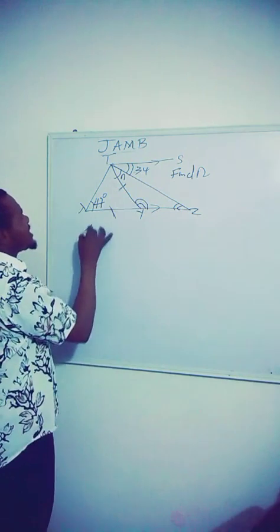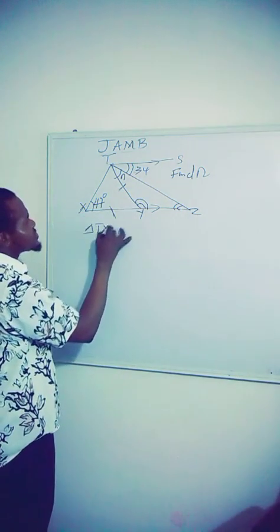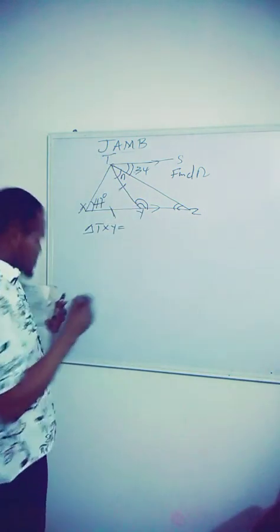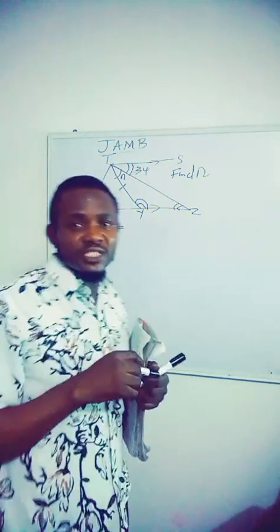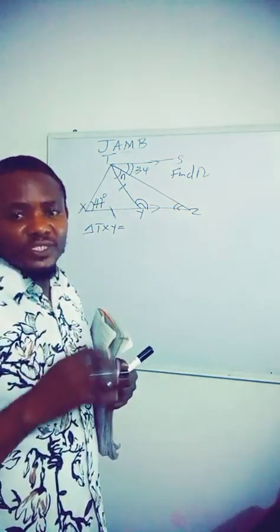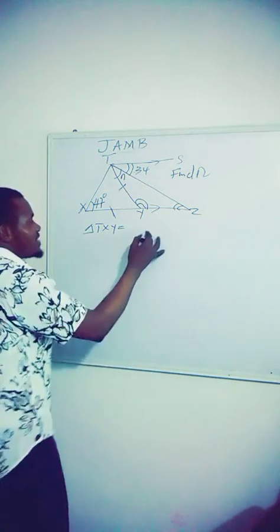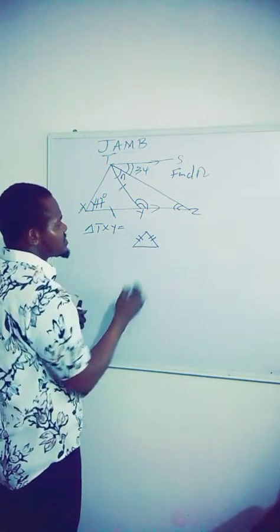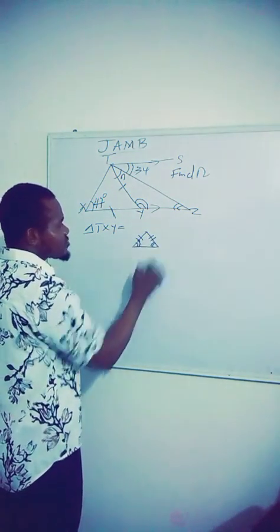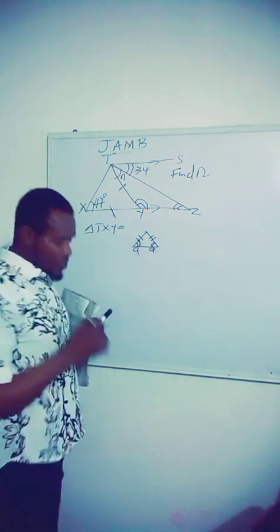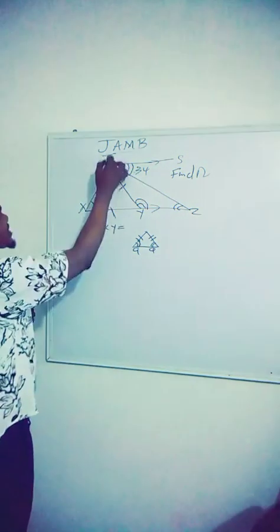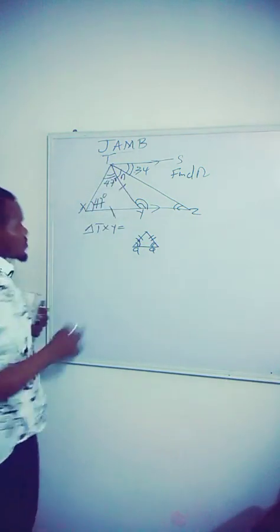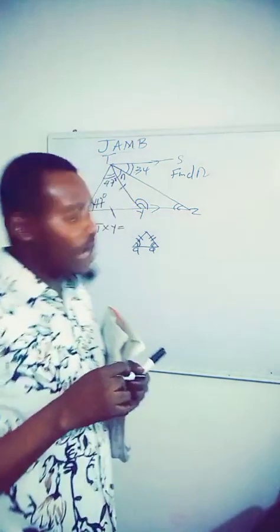This symbol shows that triangle TXY is an isosceles triangle. One of the properties of an isosceles triangle is that it has equal base angles. If this is an isosceles triangle, it means this line equals this line. Therefore, the angle here is equal to the angle here. If here is A, here is going to be A. So here is also 47 degrees, base angle of an isosceles triangle. I hope you get that.